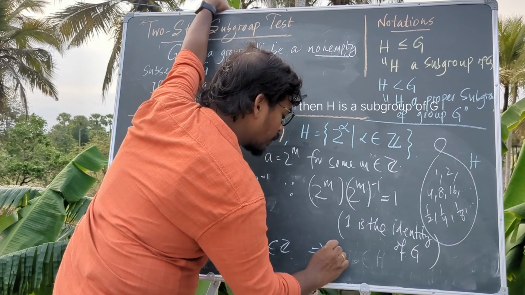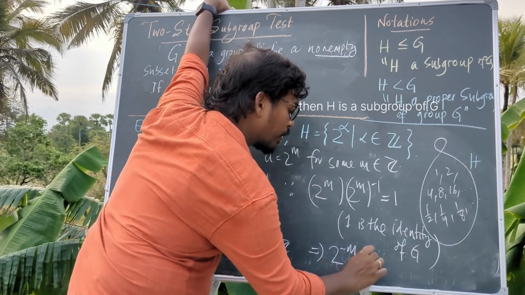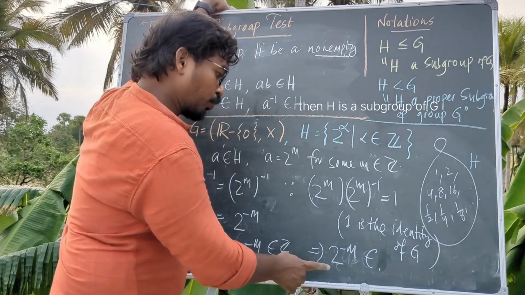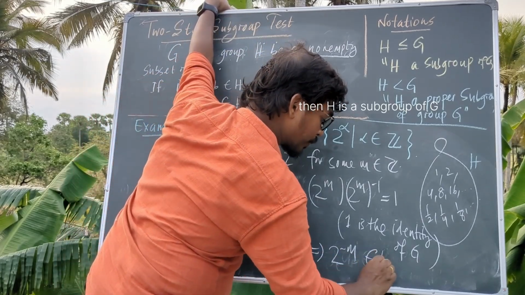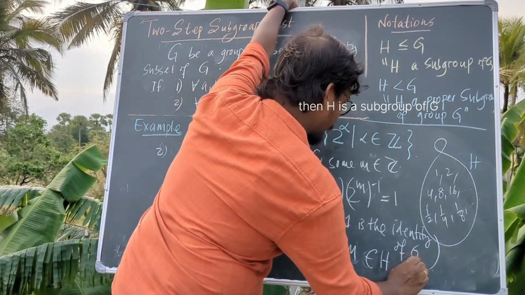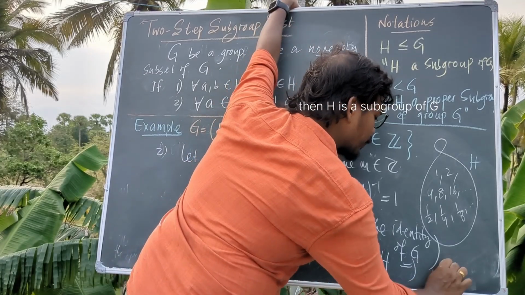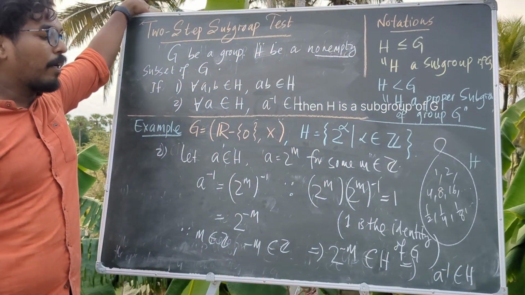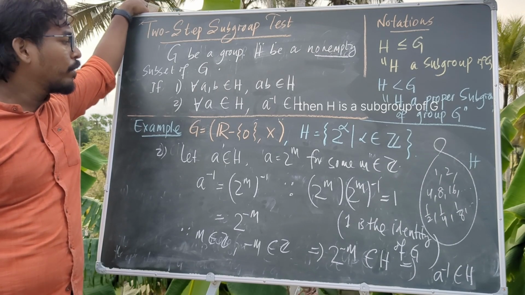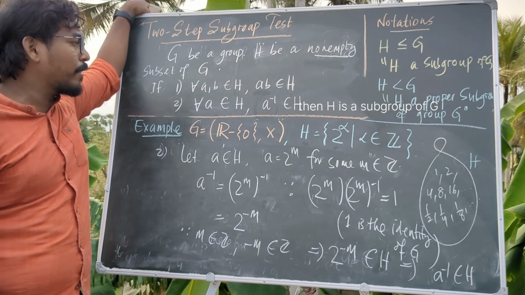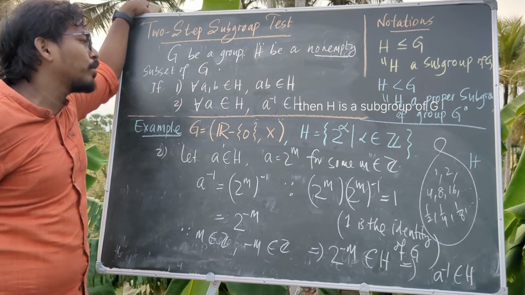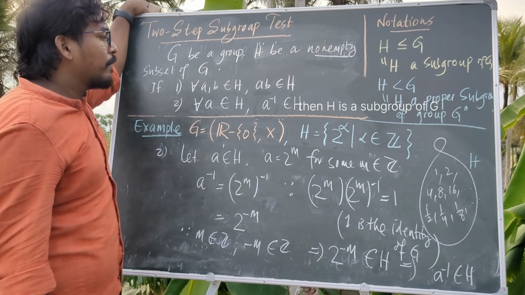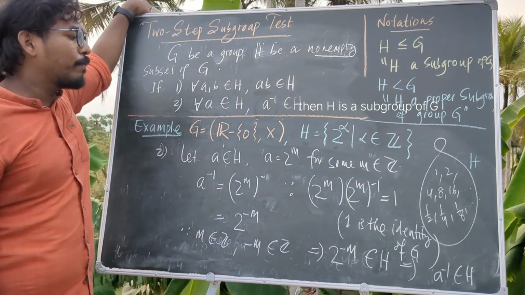That implies 2 to the power minus m belongs to the subset H. That implies A inverse is in our subset H. And we have shown that H satisfies these two properties. H is closed under the multiplication operation, and H has the inverse of every element.